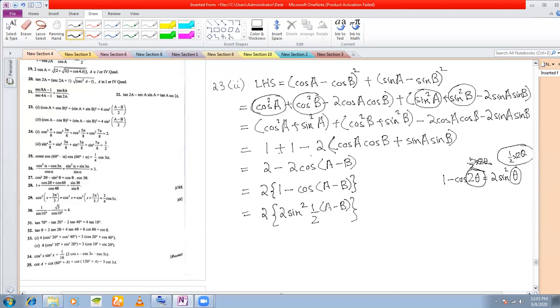Because 1 minus cos of some angle is equal to 2 sine square half of that angle. So 1 minus cos of this angle A minus B is 2 sine square half of (A minus B), which is 4 sine square (A minus B) by 2, which is equal to RHS. Okay. So this is one.